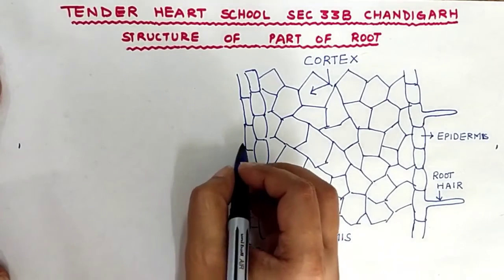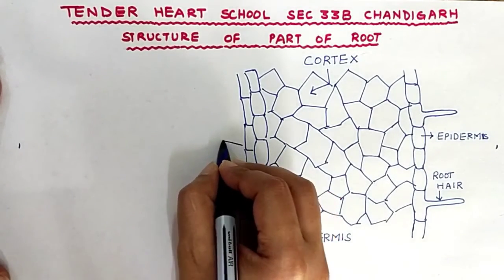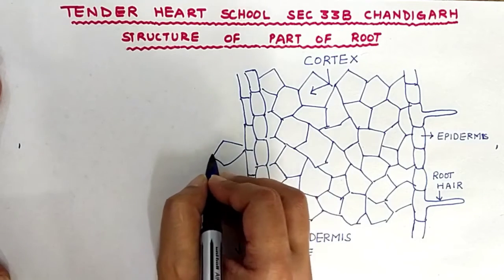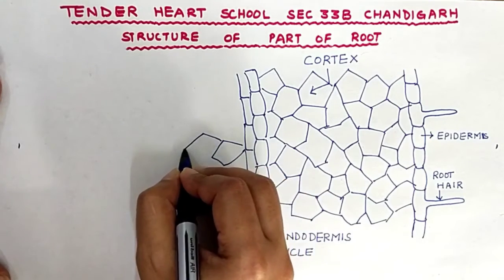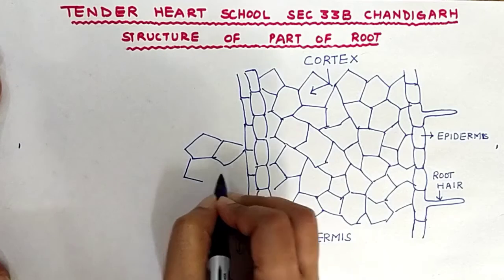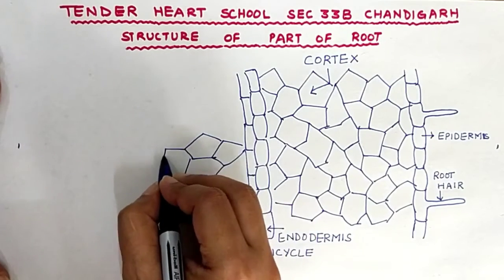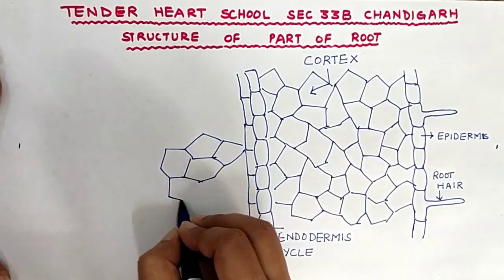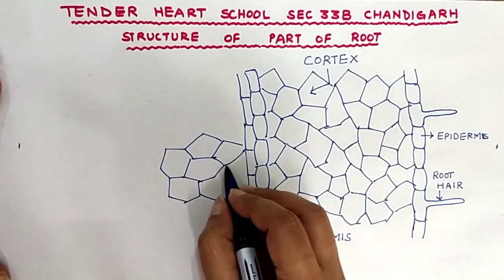Now let us draw the xylem and phloem. So like this you can draw. These are all cuboidal cells, right?